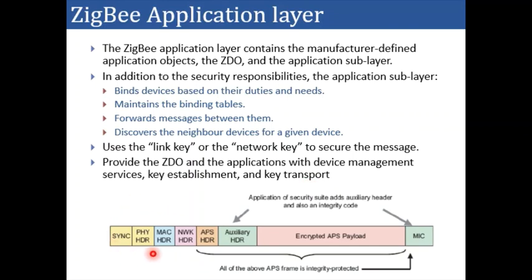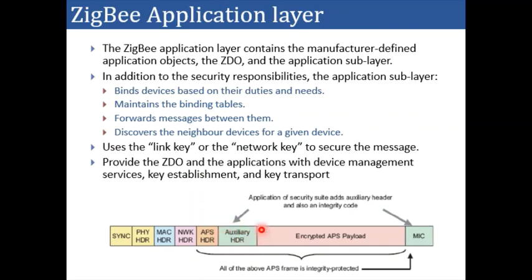Now, if you see the application packet, the headers will contain the initial components as we saw in the case of the network layer. So we will have the synchronization byte, then the physical header, MAC header, and network header, and then the application sublayer header.